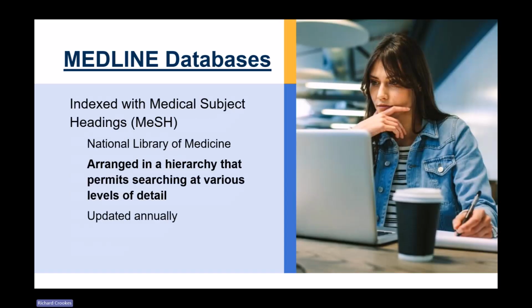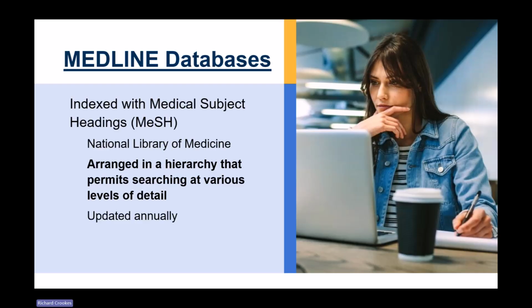Importantly, it's indexed with MeSH terms, the medical subject headings provided by the National Library of Medicine. Terms are arranged in a hierarchy that permits searching at various levels of detail. Items indexed in Medline are automatically assigned various subheadings from that index to identify the content coverage of that item, and this is updated annually.